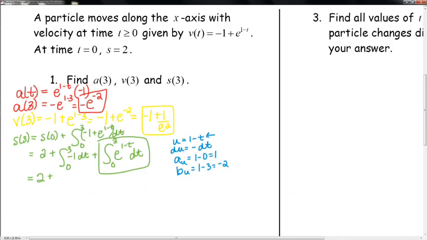So 2 plus, I'm going to go ahead and take the antiderivative of this guy. The antiderivative of negative 1 is negative t, evaluated from 0 to 3, plus, and then this one's going to be my u substitution. So my new a is 1, my new b is negative 2, e to the u times negative 1 times du.